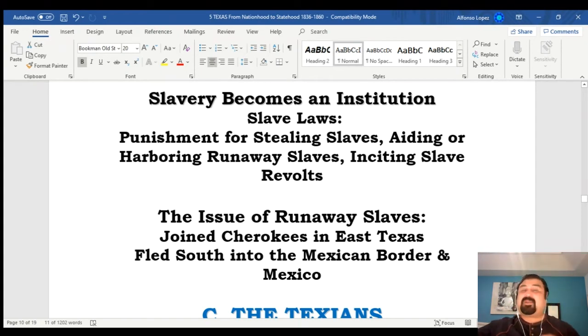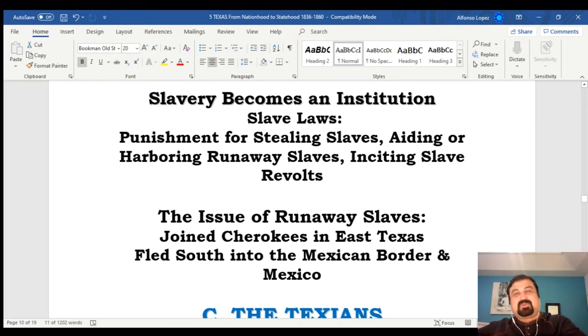So they're a form of property, and therefore they cannot be stolen. Okay, because it's like stealing property, and there's going to be punishment for those that steal slaves. If you want to steal a slave, to make them part of your own property, that is a crime. People are punished for it.